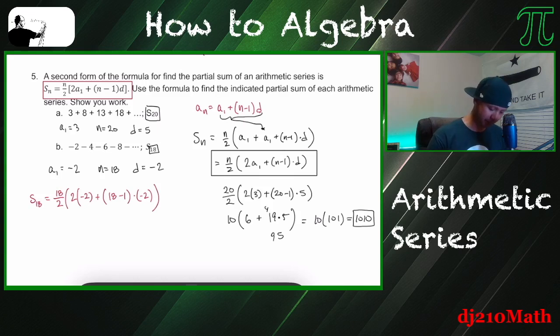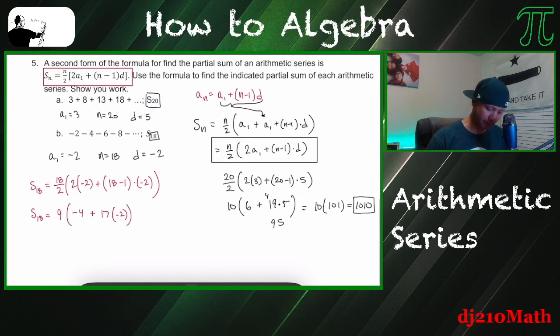Simplifying, the sum of the first 18 terms is going to be 9 times negative 4 plus 17 times negative 2.